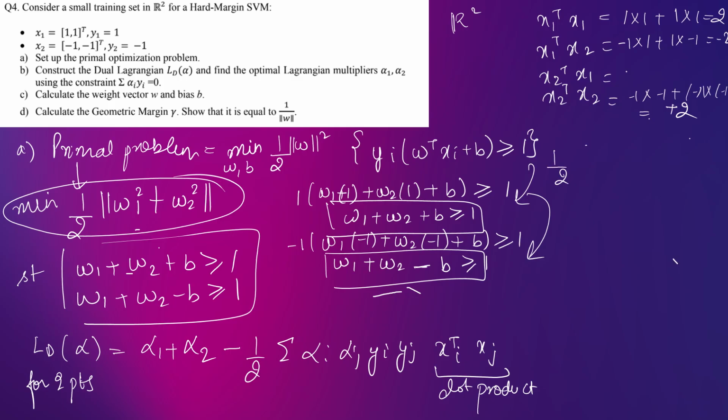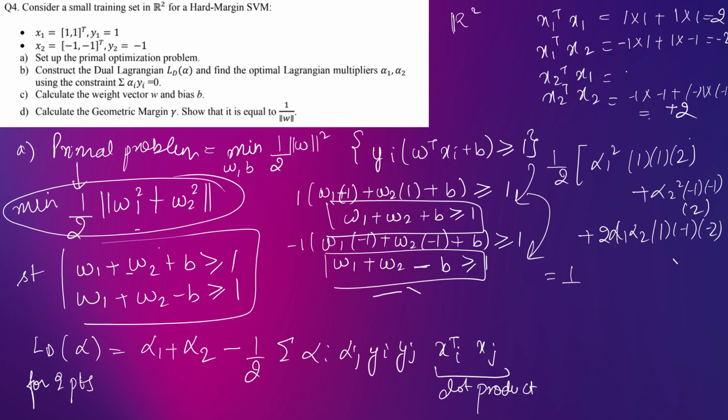Half of alpha 1 square into 1 into 1 into 2 plus alpha 2 square minus 1 into minus 1 into 2 plus 2 alpha 1 alpha 2 into 1 into minus 1 into minus 2. This will be equal to half of 2 alpha 1 square plus 2 alpha 2 square plus 4 alpha 1 alpha 2. Cancel it with 2, you'll get alpha 1 plus alpha 2 whole square.